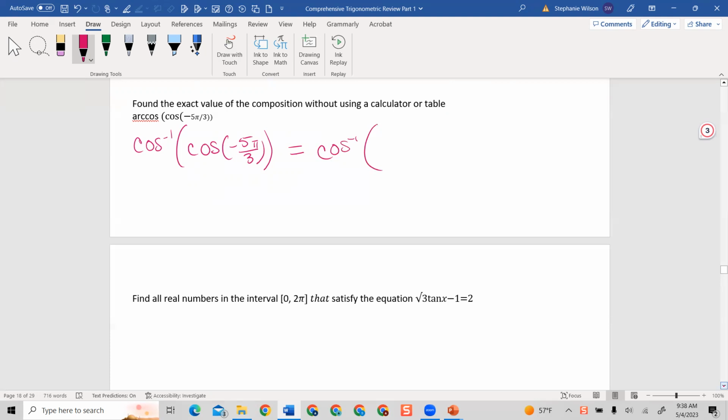That gives me a half. Awesome. Now I take the inverse of that, and that gives me pi thirds. And that's my answer.